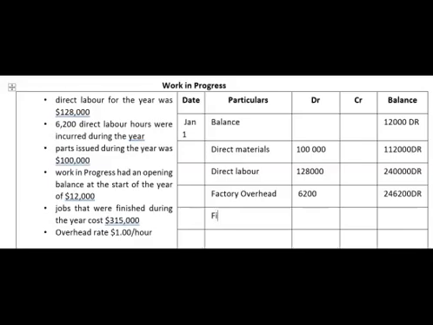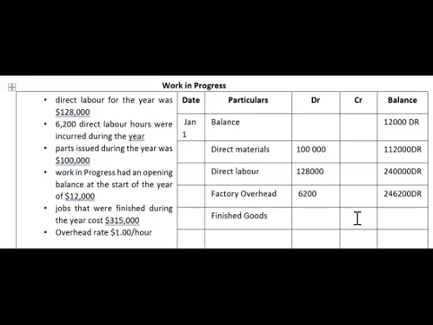So the finished goods, how much we have completed, and in this case the jobs that were finished during the year was 315. It's completed, so we have to minus it from that work in progress.